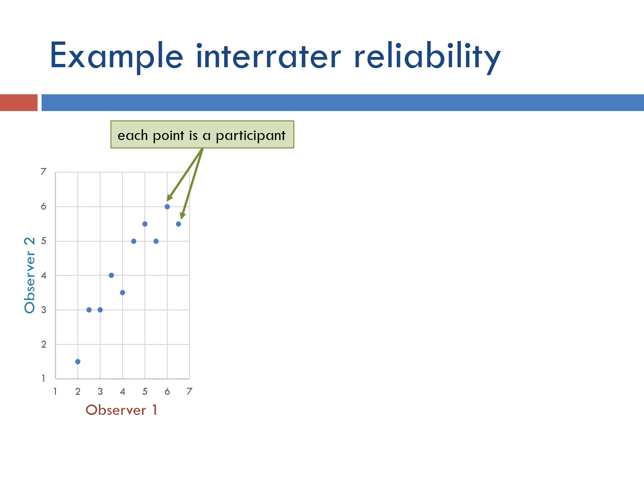And we want to see how related are their observations to observer 2. And observer 2 we also see has some low and some high. And it just so happens that each participant, each blue dot, when observer 1 rates them high on happiness, so does observer 2. When observer 1 said a 6 on happiness, observer 2 also said 6 on happiness. And when observer 1 said 3 on happiness, observer 2 also said 3 on happiness.